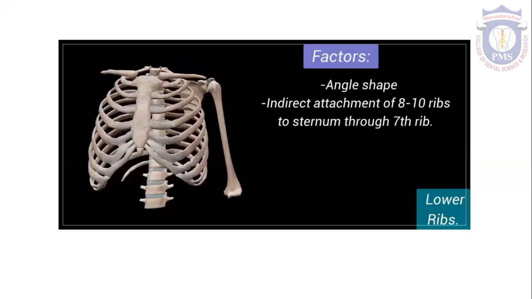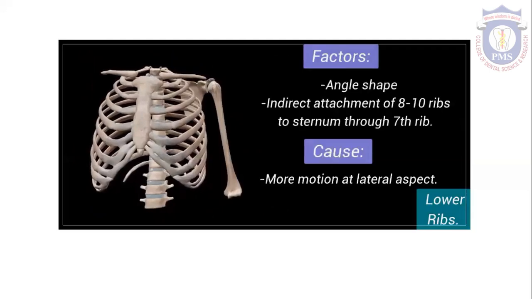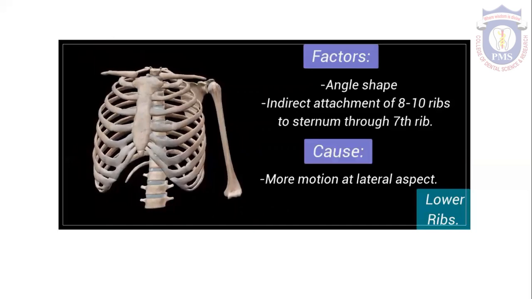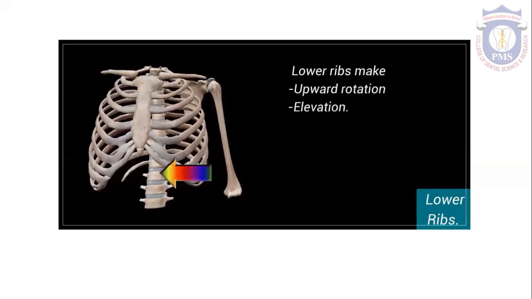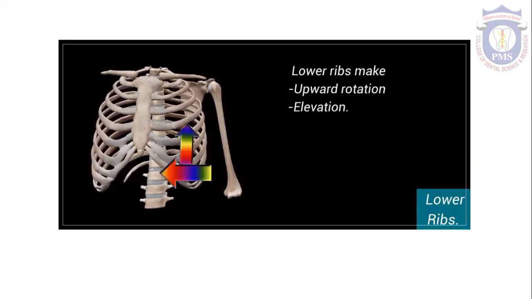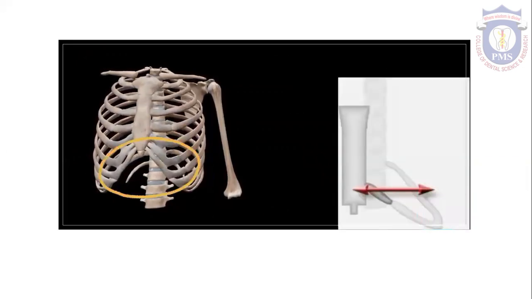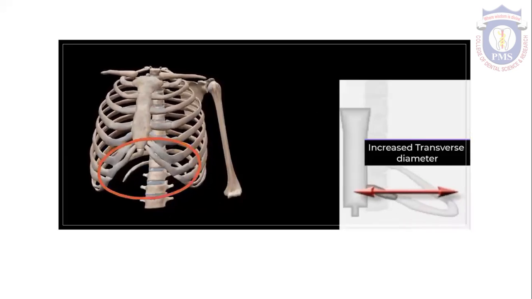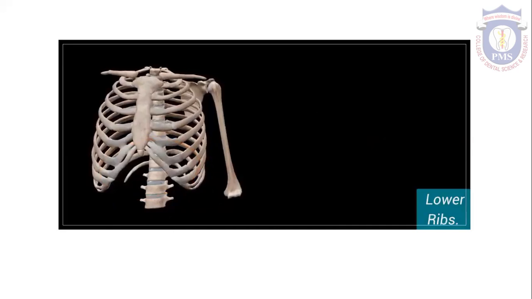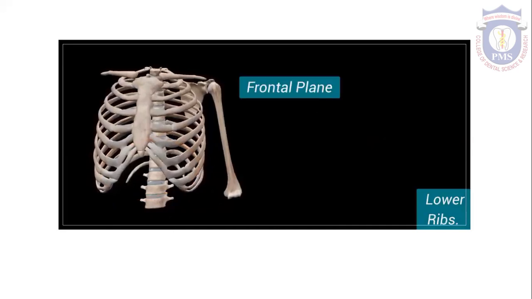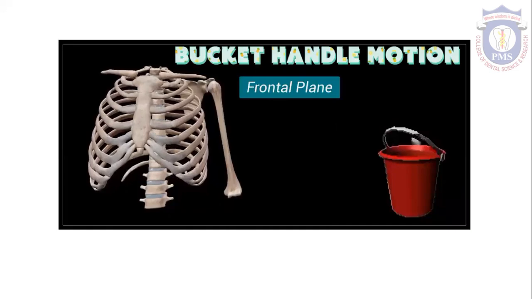These factors allow the lower ribs more motion at the lateral aspect of the rib cage. The greatest change that one can observe here with the upward rotation and elevation of the lower ribs is the increase in the transverse diameter of the lower thorax. This motion of the lower ribs that occurs in a frontal plane is known as the bucket handle motion of the thorax.